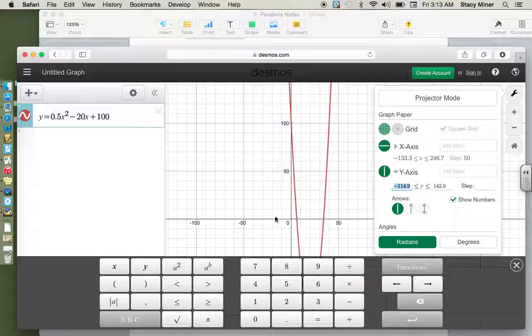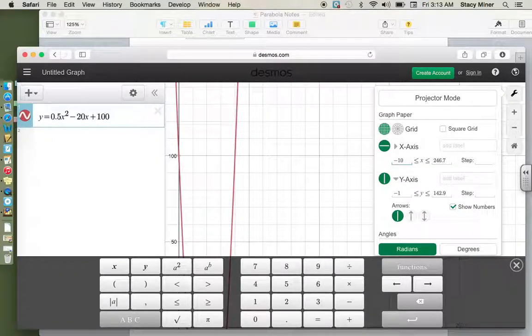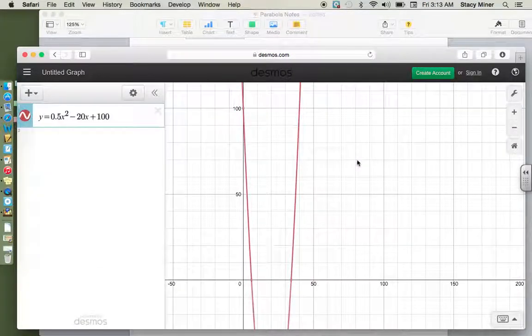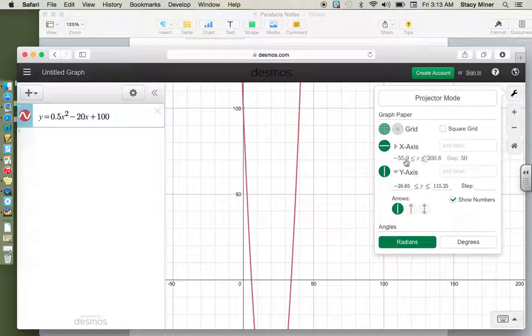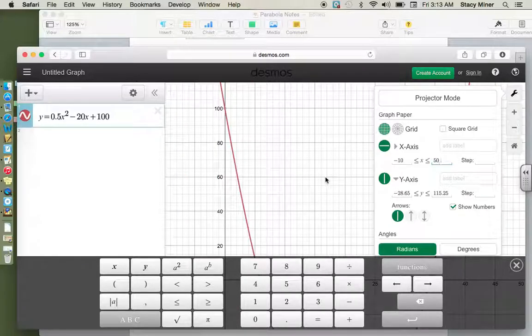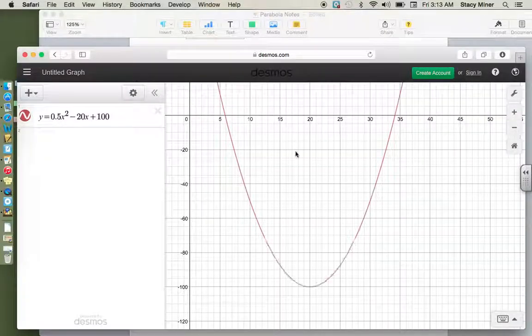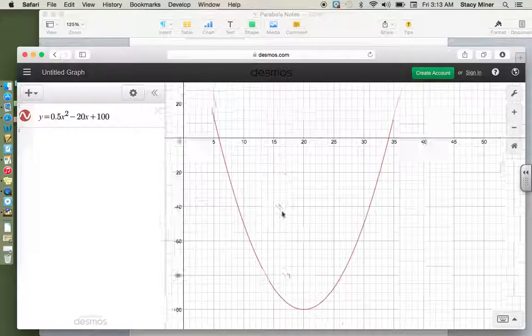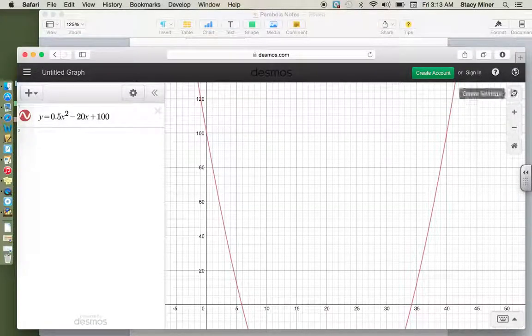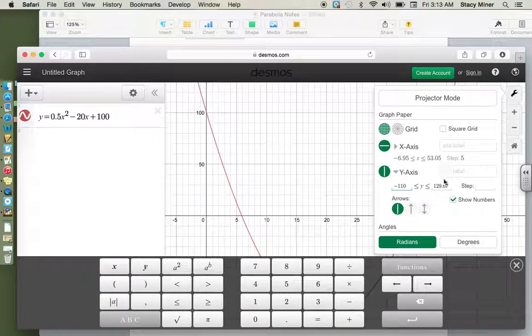We're probably good with -10 to 50 in the x direction. And my y, it looks like I need to be down at least at -100 and at least at +100. So let's do -110 and 110.